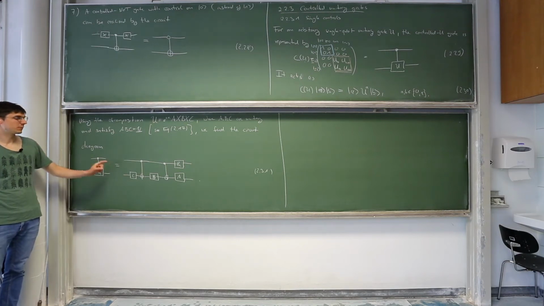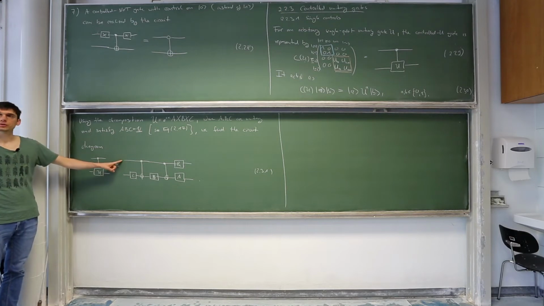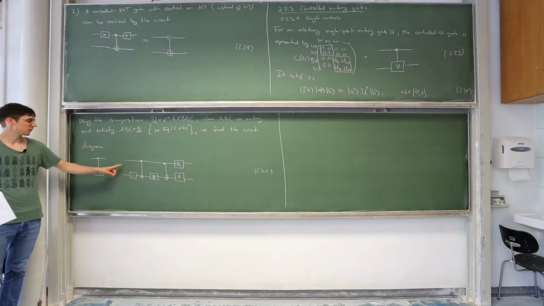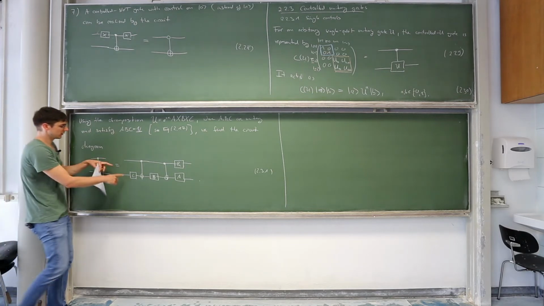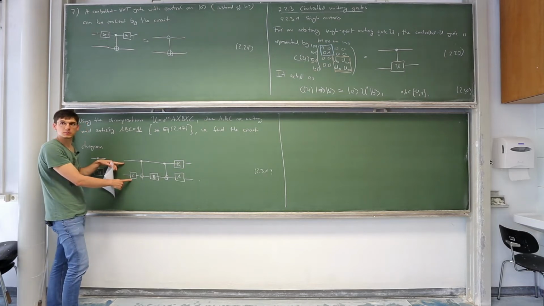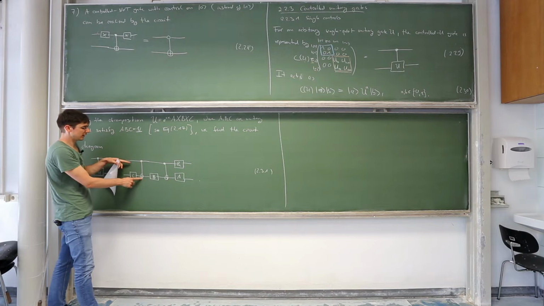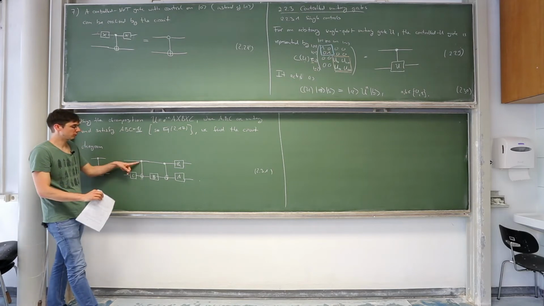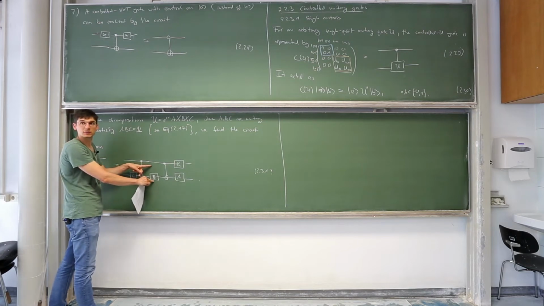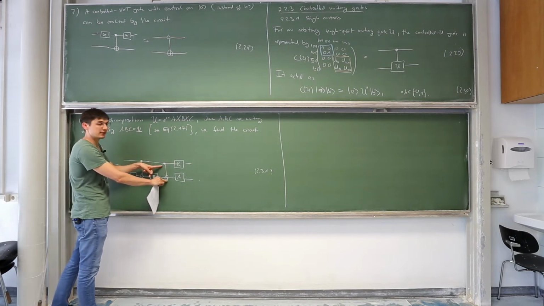So first, let us suppose that the control qubit is 0. If the control qubit is 0, we know that nothing should happen at the target qubit. So the target qubit has an operator C acting on it, and then here nothing, because the control qubit is 0. And then we have B acting on the target qubit, and again nothing, because the control is 0.